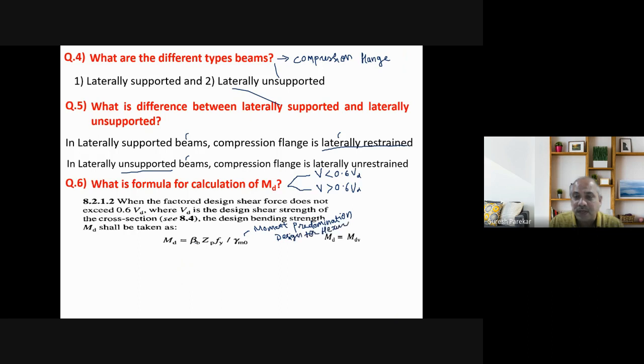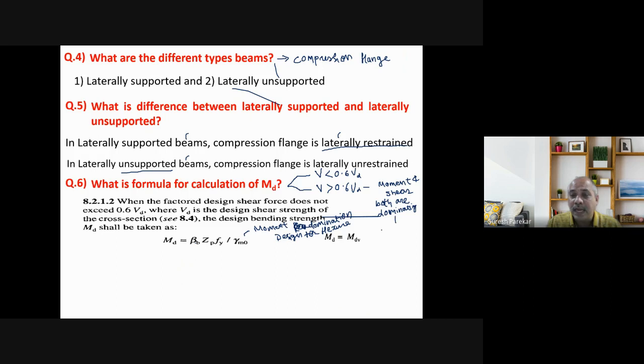So when we have less than 0.6 VD, the beam is designed for flexure, but when it is greater than 0.6 VD, then moment and shear both are predominant. Moment and shear both are considerable, both are dominating.